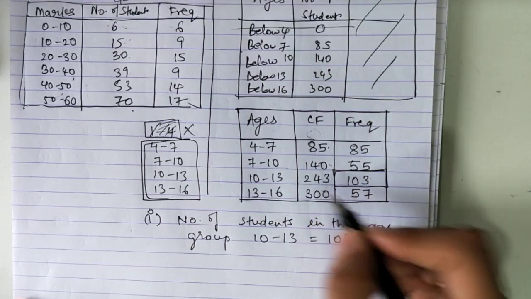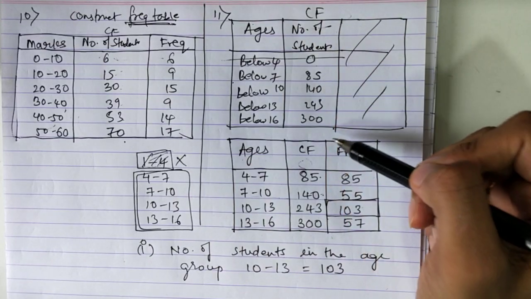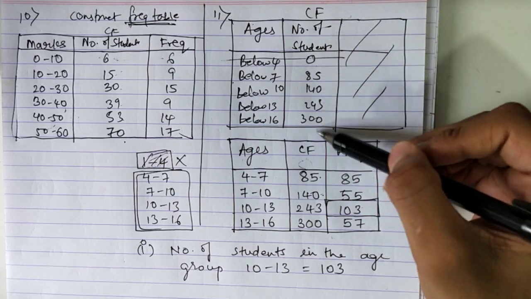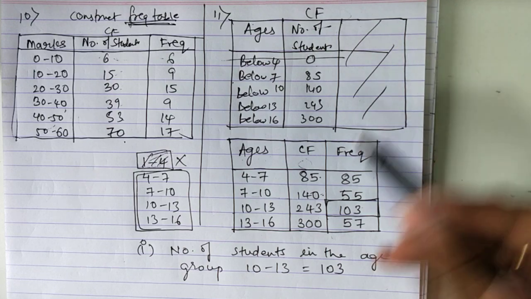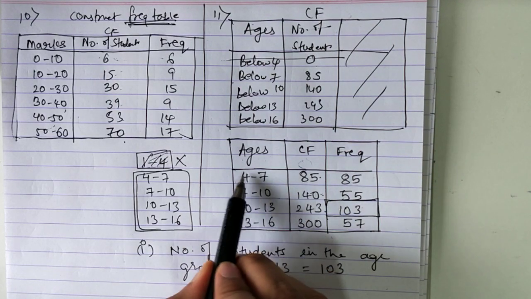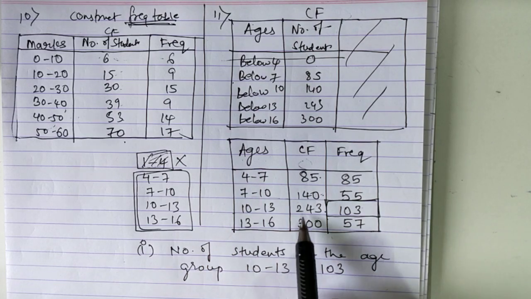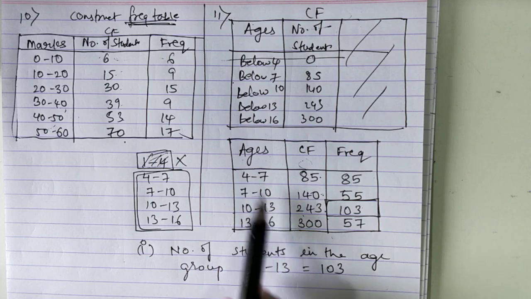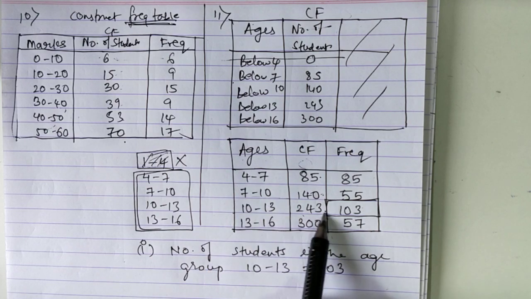You might think, why not 243? Because this is given here as number of students. But as I explained, this is cumulative frequency. And what does cumulative frequency mean? That this 243 value here is the addition of all 3. This 243 is 4 to 13, all the values between 4 to 13 is 243.